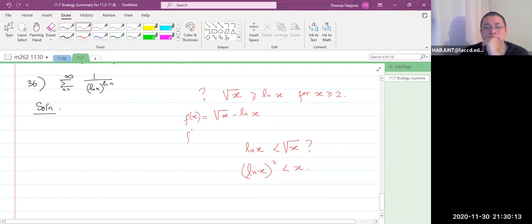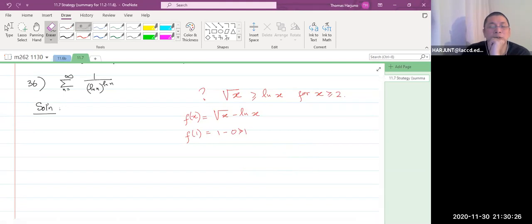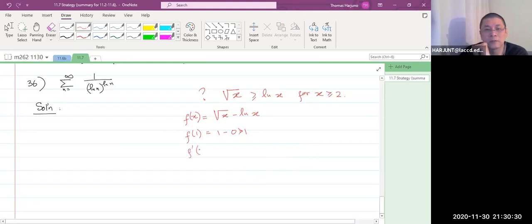Let's call this f(x). When x equals 1, that's positive. Now I need to show that the first derivative after 1 is positive.